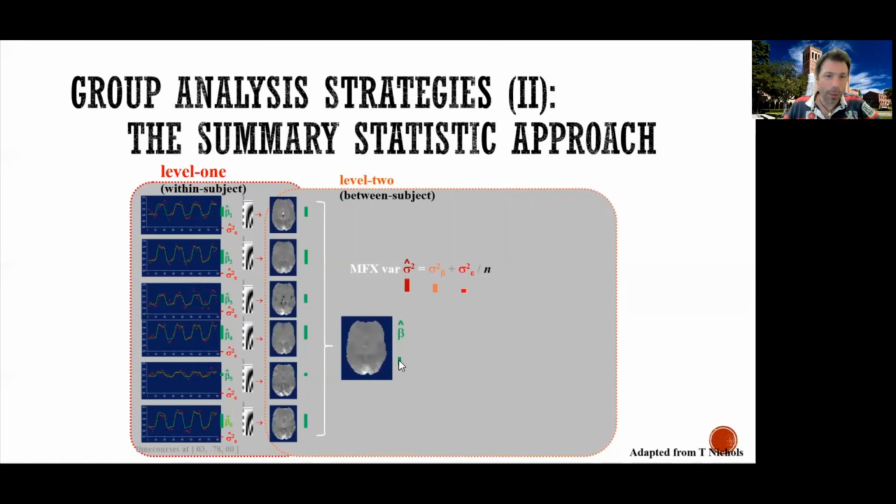And so now, this is our effect. We could compare it to this yardstick here, the within subject variance. If we did that, this would be a fixed effects analysis. If instead we compared our average effect to this yardstick, that would be a random effects analysis.